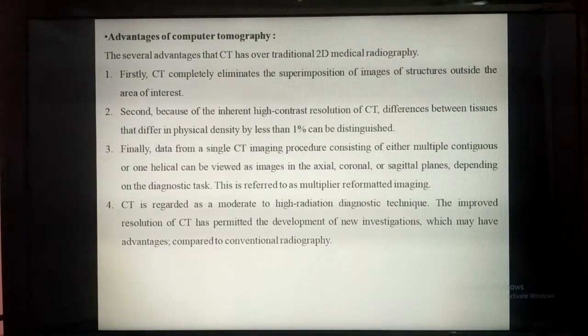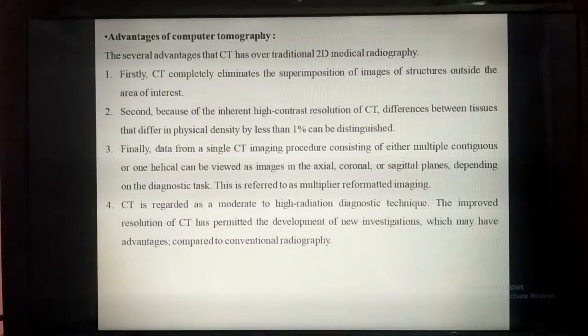Finally, data from a single CT imaging procedure consisting of either multiple contiguous or one helical scan can be viewed as images in the axial, coronal or sagittal planes, depending on the diagnostic task.